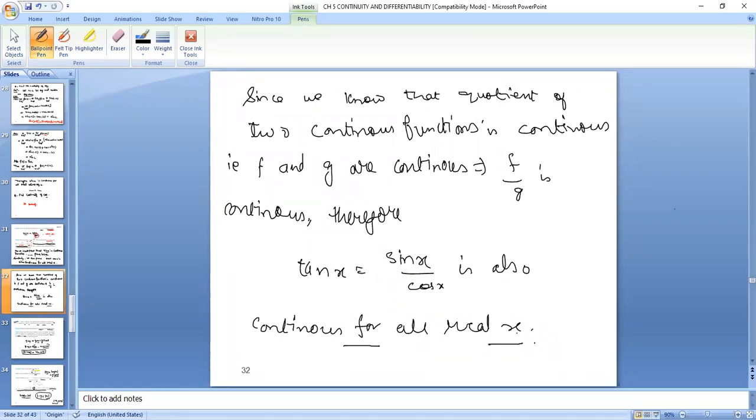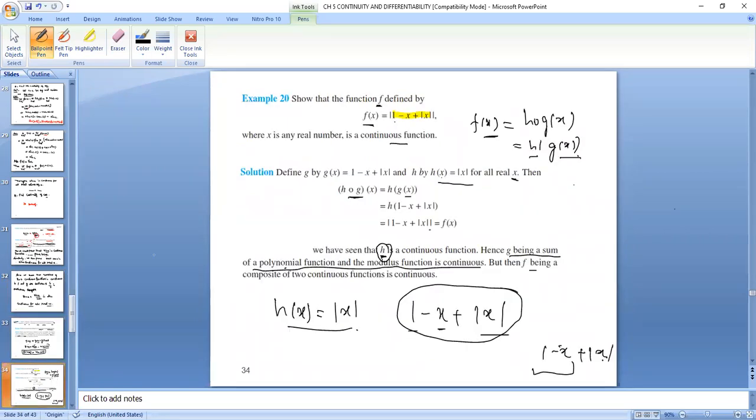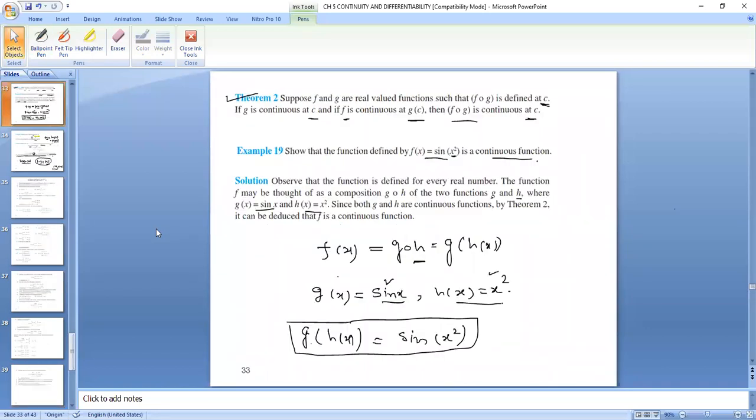Now, next, this property we had done already, that if f and g are continuous, then their composition will also be continuous. Now we had one question of sin x square, this example number 19. Show that the function defined by f(x) is equal to sin x square is a continuous function.